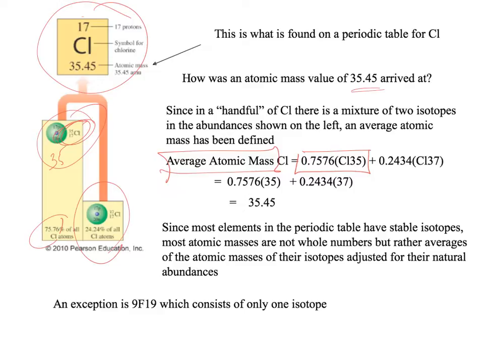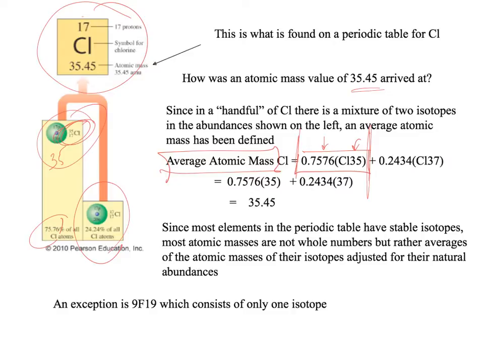I took the 75.76, divided it by 100 to get a decimal number, and then I'm going to multiply that by the isotope that goes along with it, which is 35. Chlorine with a mass of 35 is found 75.76% of the time, but I need to get rid of the percentage. So 0.7576 times 35, that's for the first isotope.